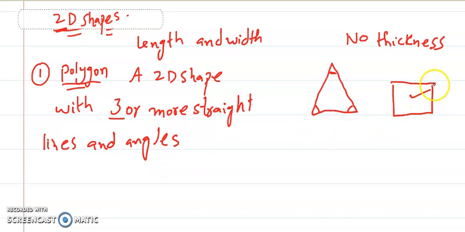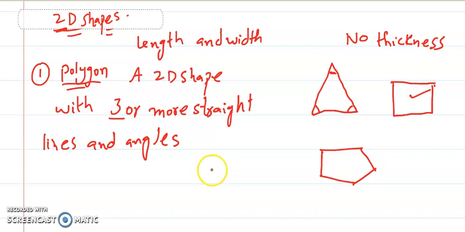If we look at this one, it has four sides, so it has more than three sides. So I will say it's a polygon. Also, if I draw this shape here, it has right now one, two, three, four, five sides. Having more than three straight sides and more than three angles, it will be called a polygon. So this is also a polygon.